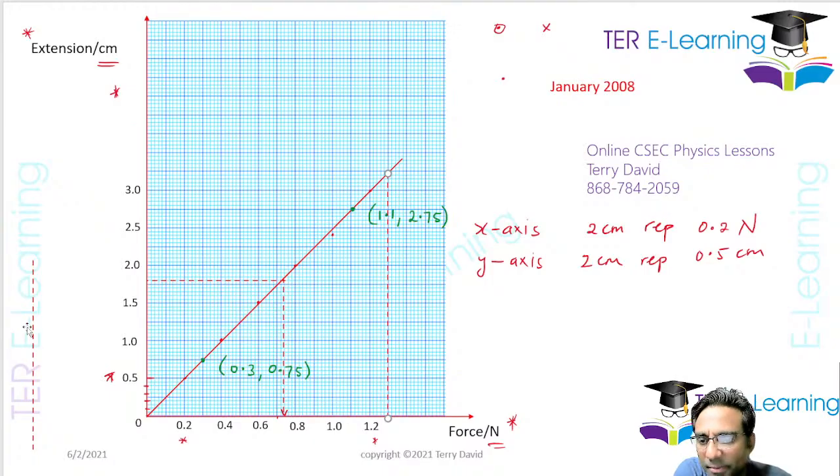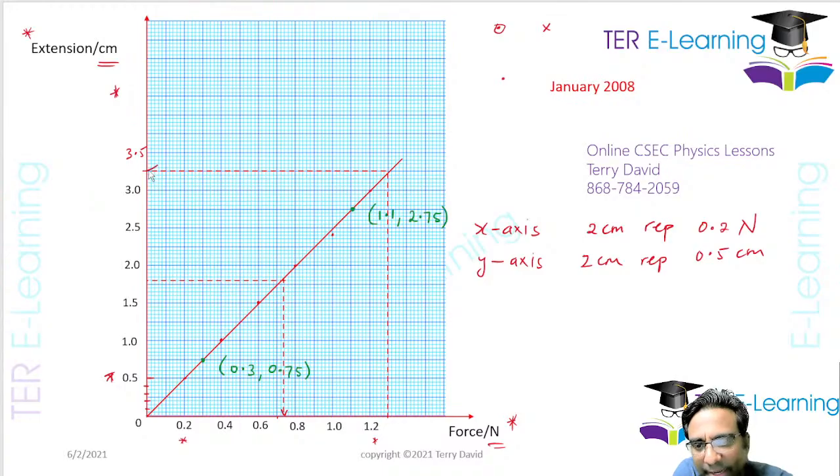And when I go to my graph, you're going to read off whatever this value is here. So that value there is going to be, if that's 2.5, this is 3.0, it means that this here is actually 3.5.